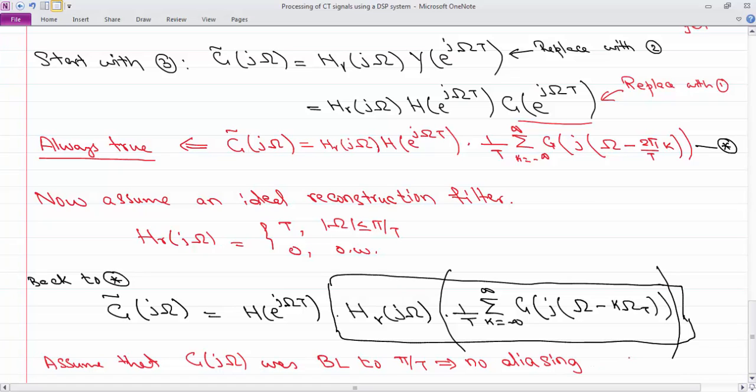Then this whole expression in this rectangle becomes nothing but G of j omega. Because you have no aliasing, you have no overlap from minus pi by T to pi by T, and then the reconstruction filter simply throws away all the remaining copies beyond minus pi by T to pi by T and keeps only the copy that is inside it, which is your true frequencies.